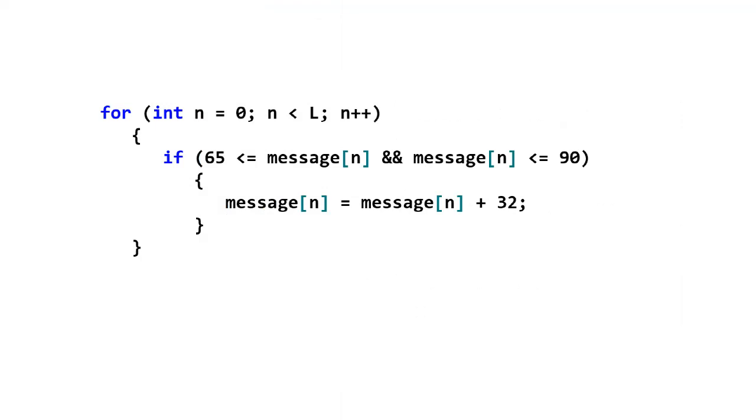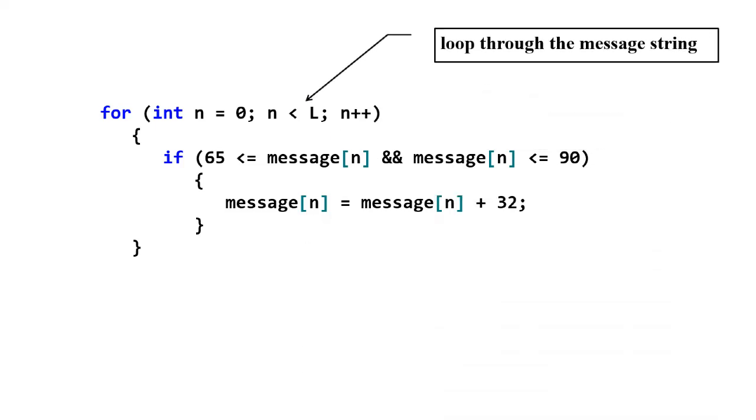This bit of code is intended to convert the uppercase letters into the proper lowercase letters. And again, we are looping through this message string as an array. So I set up the loop again with n as the index number in the loop from 0 to L minus 1.